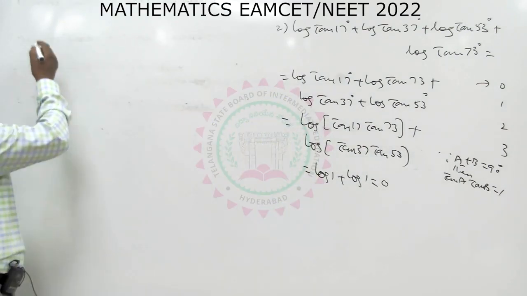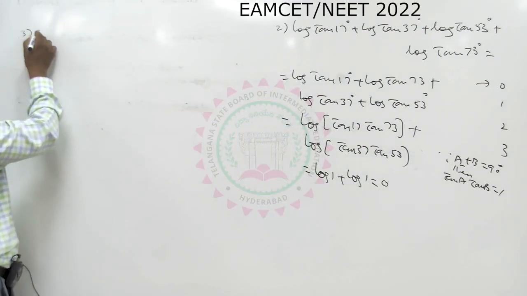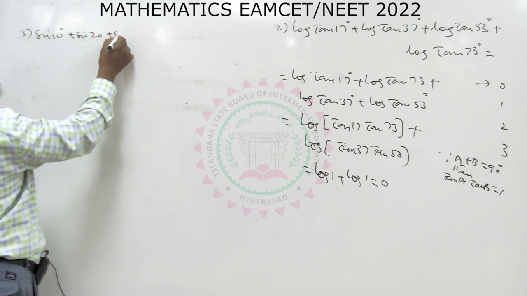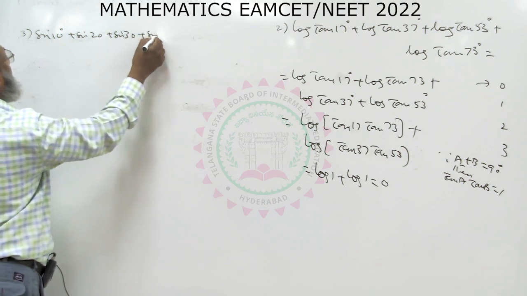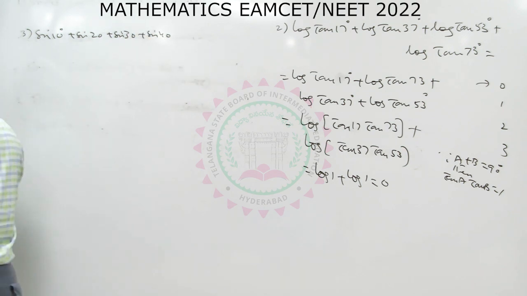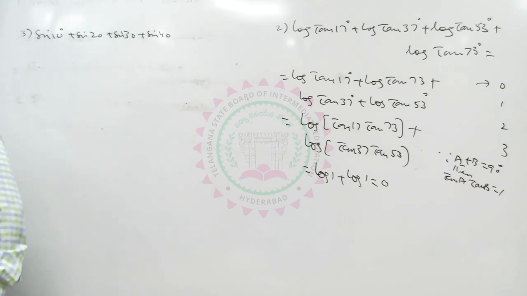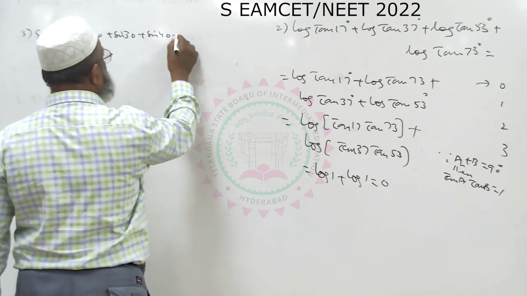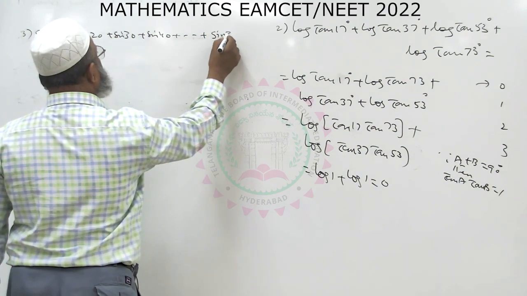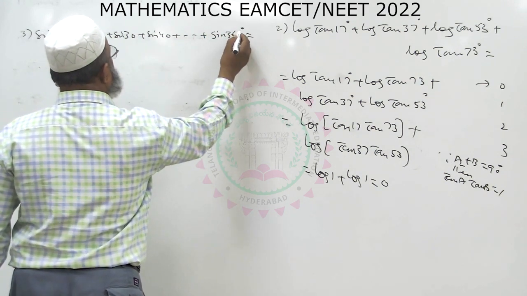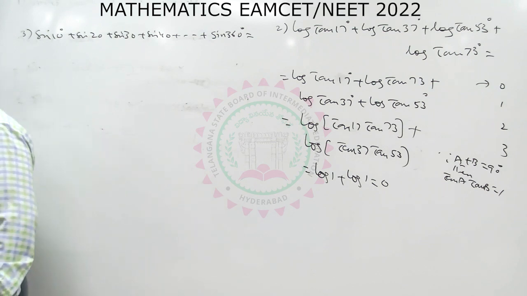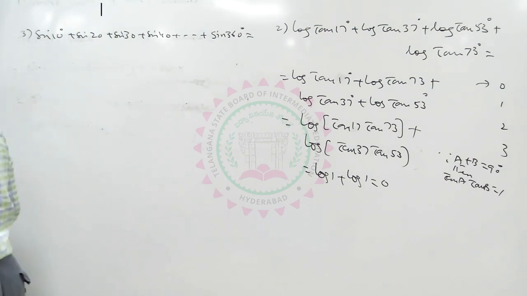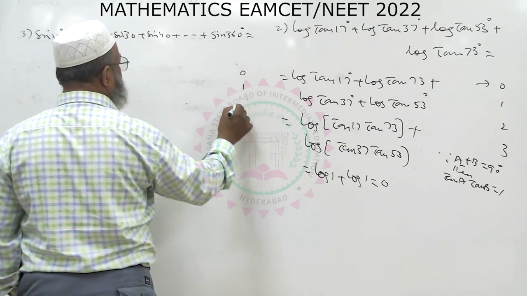Sin 10 plus sin 20 plus sin 30 plus sin 40 and so on up to sin 360 degree is equal to, the options are 0, 1, minus 1, 2.